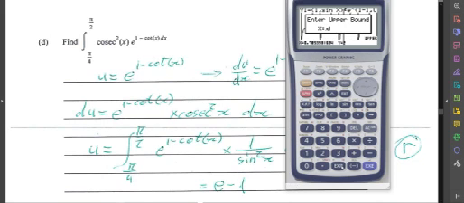Shift pi over 2. Why does it say error here?